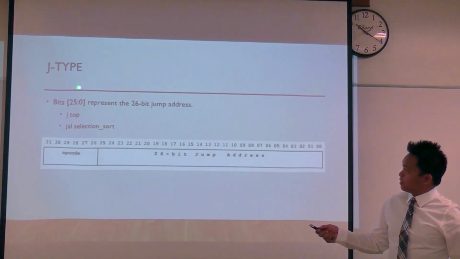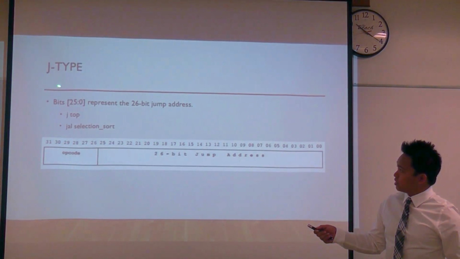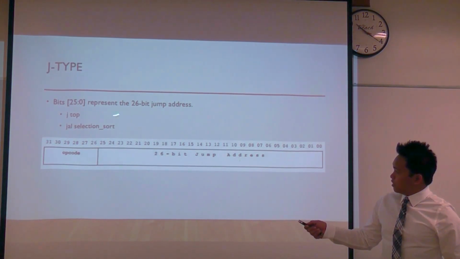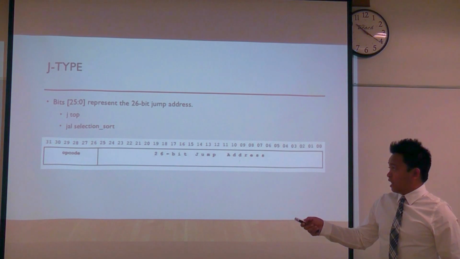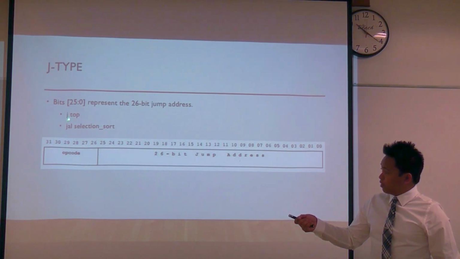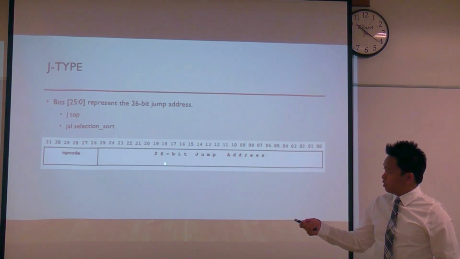So we have the J-type instructions where bits 25 to 0 represent the 26-bit jump address. There are two instructions. I did not list the third, typically because it is very similar to the jump instruction. So we have one where we can just jump straight to a different location in memory.